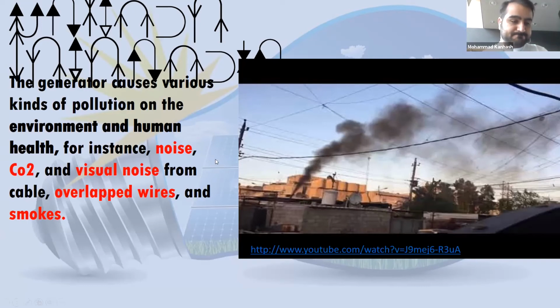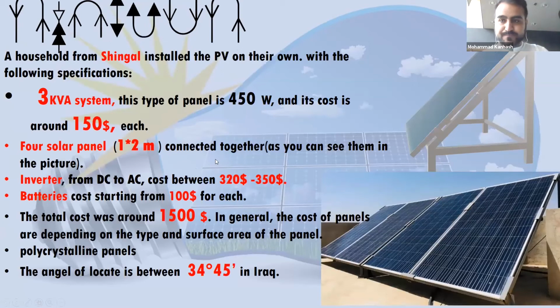Next slide, please. We had one member in our group who lives in Sinjar, Shingal, belonging to Nineveh, and he has some experience with solar panels, and he provided us with some information. For example, a 450 watts system of panels will cost only 150 dollars, which is not that much.